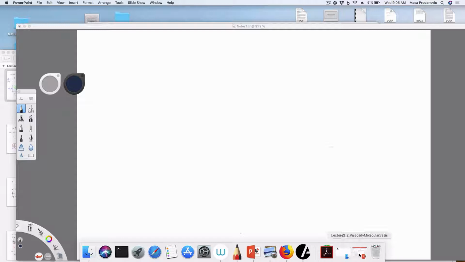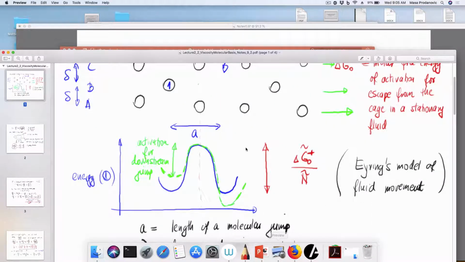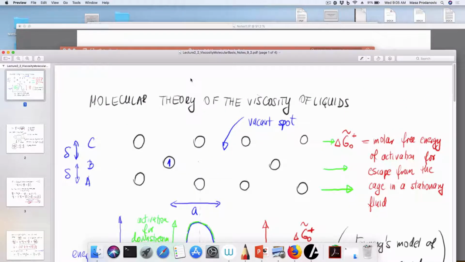Now let's go back to the liquids. We had a derivation, and I'm looking at my PDF for now, and then I'm going to start writing again so I don't need to redraw. What we did with liquids was also place them into a situation of Newton's law. So I have my layers of fluid where I have molecules.